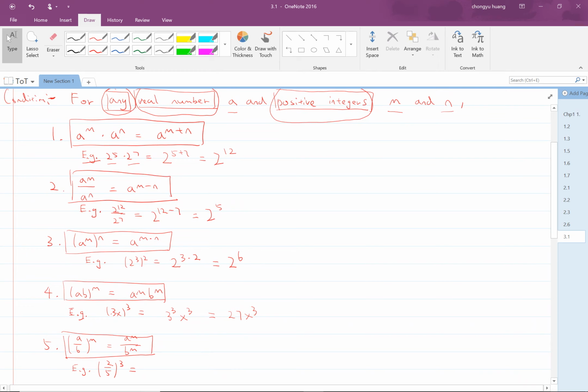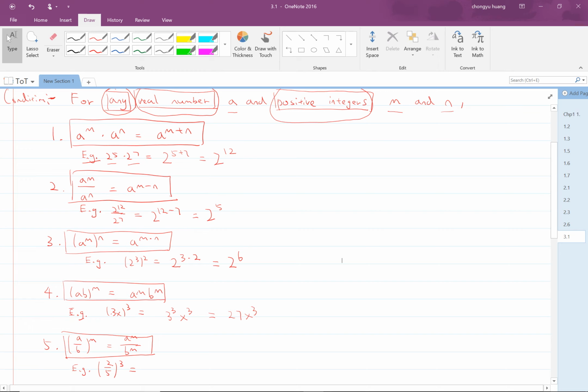So we have a as 2 over here, and 2 is a real number. So a is equal to 2, and 2 is a real number. And then we got b equal to 5, which is also a real number.